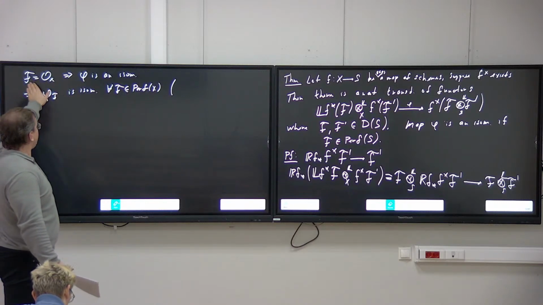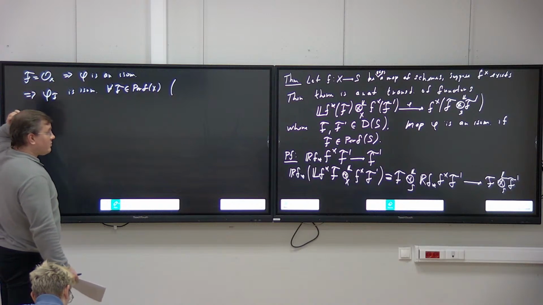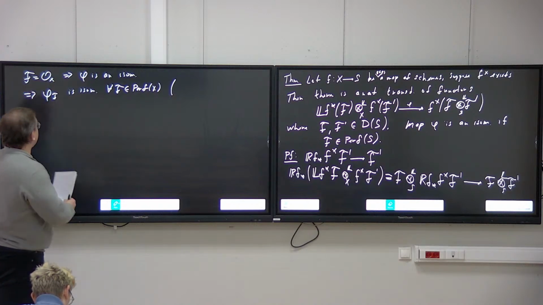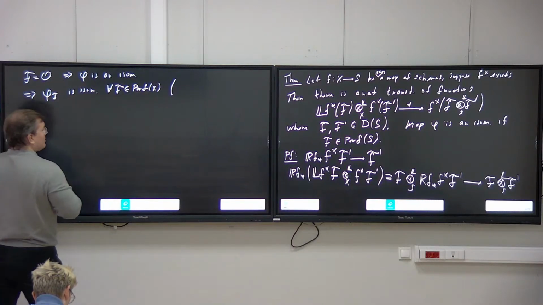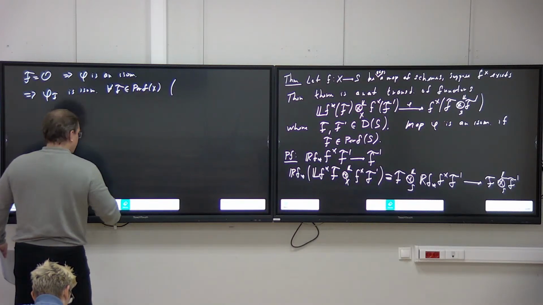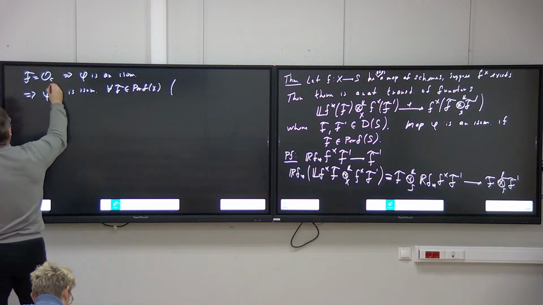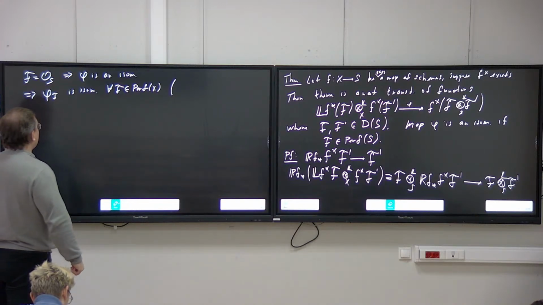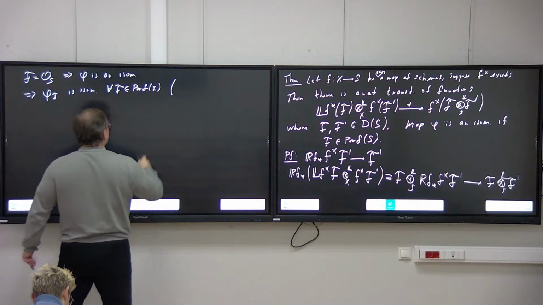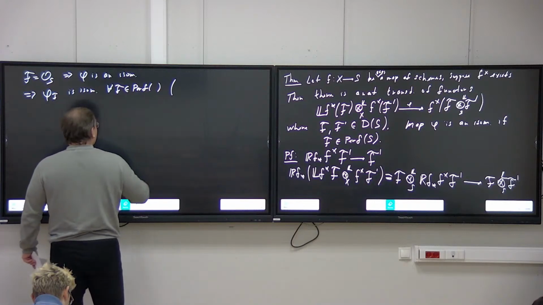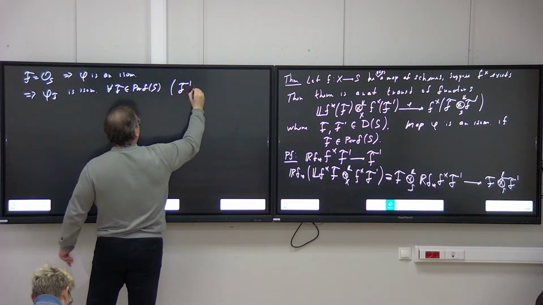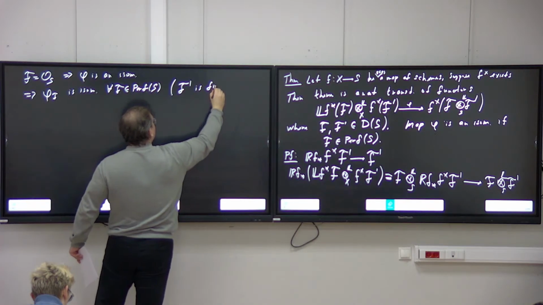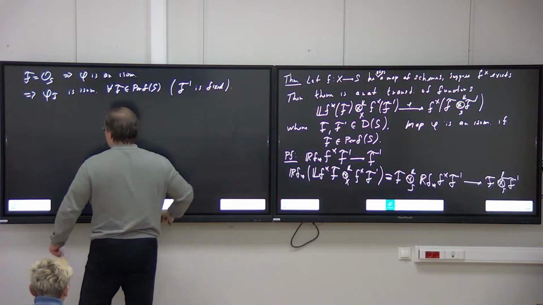So if we take f to be the structure sheaf of S, and this is also S. Right, so in this argument, f prime is fixed. Okay.